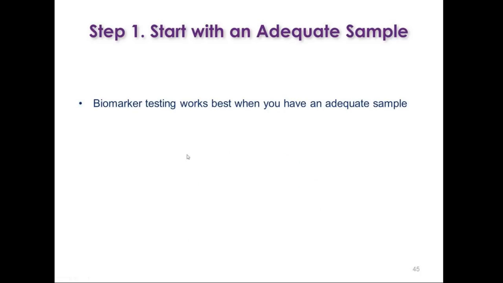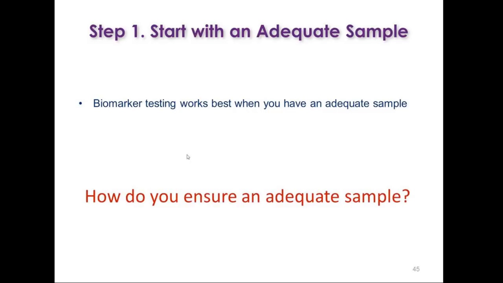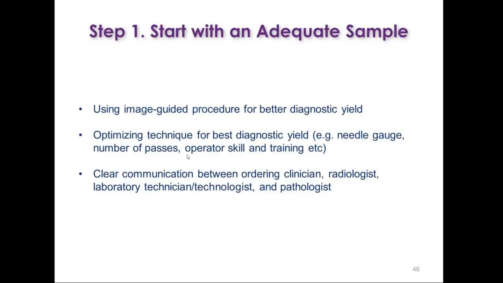So what is step one? Step one is you need an adequate sample. Obviously, biomarker testing works best when you have an adequate sample. So how do you ensure that you get an adequate sample? One would be to use an image-guided procedure, because if you know where your needle is, chances are you'll be in the lesion and you'll get an adequate specimen.